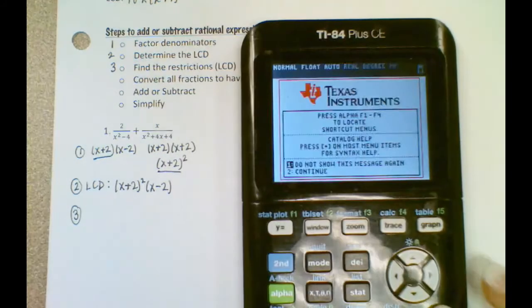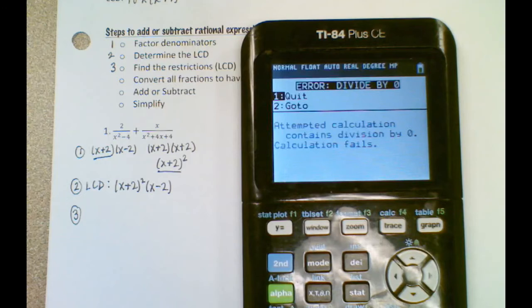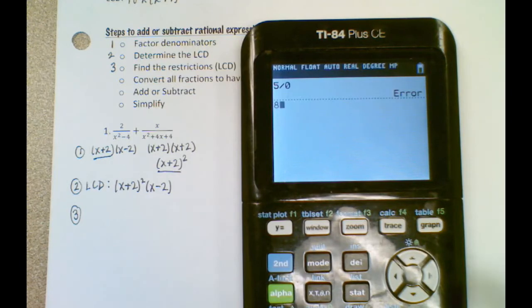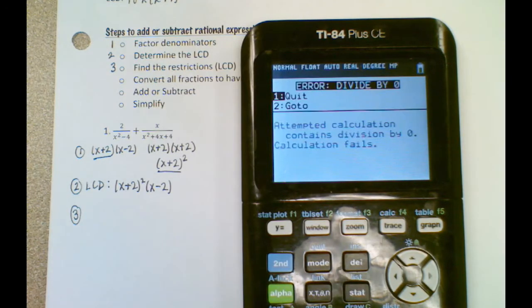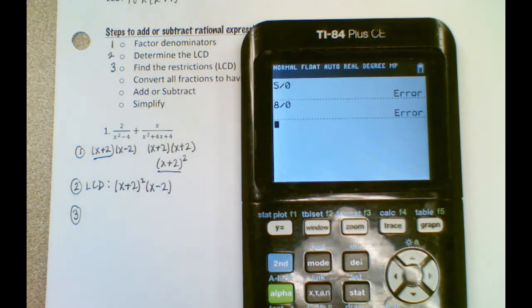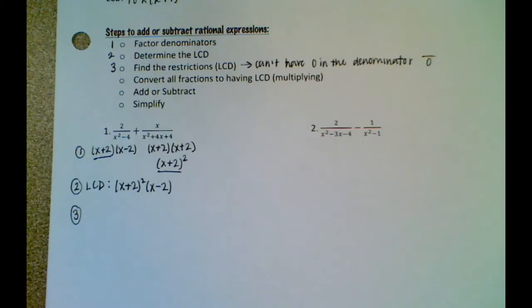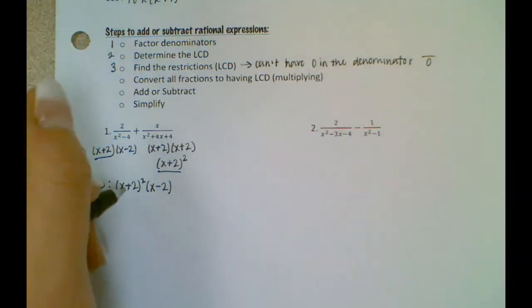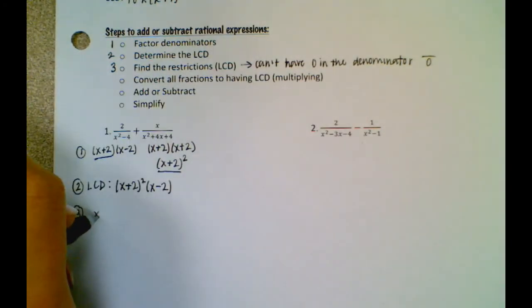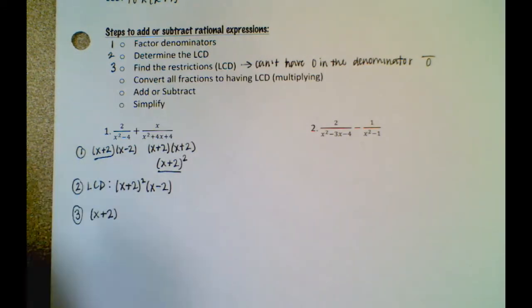For example, 5 divided by 0, can't divide by 0. Negative 1 divided by 0, error, divide by 0. You get an error every time. So we need to figure out what x values would make that denominator equal to 0. To do that, you're going to set each factor equal to 0, kind of like when we were solving equations.